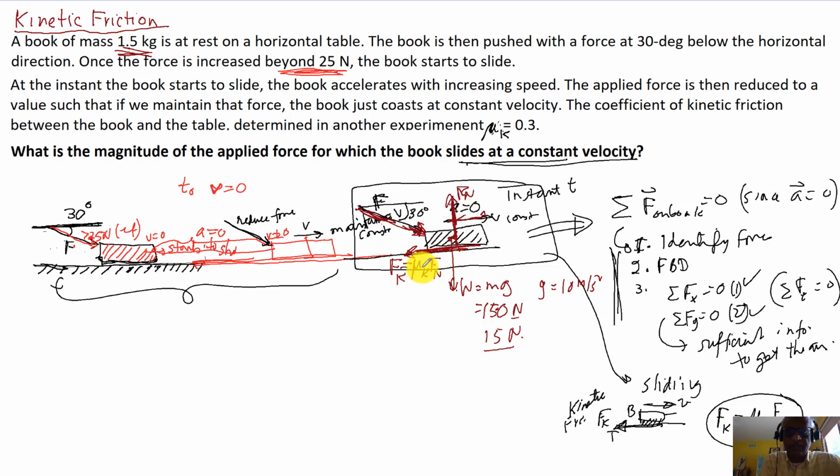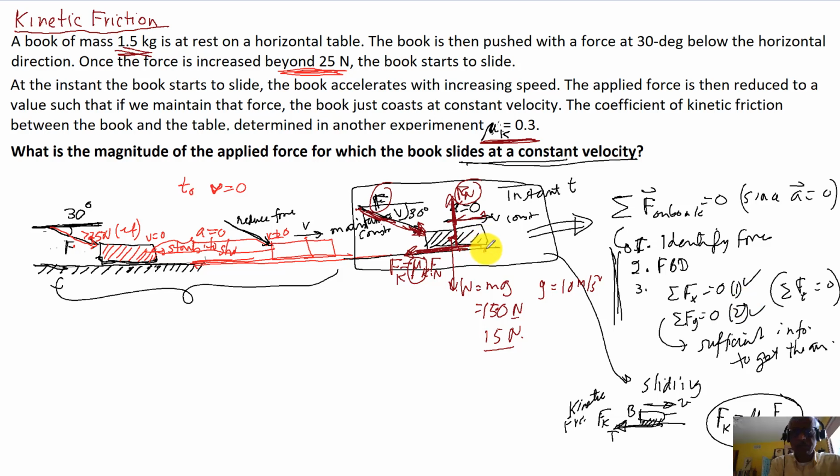So mu k is given, which is this value. So there's only one unknown between these two, and then F is unknown. So there's only two unknowns, and we'll get two equations, and so we have sufficient information to complete the problem.